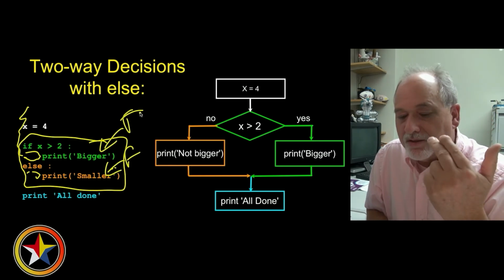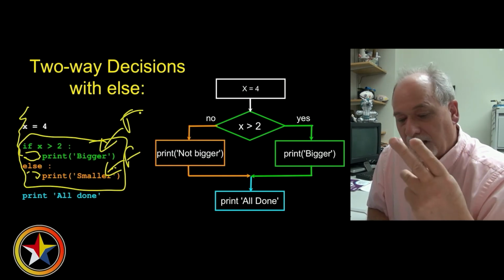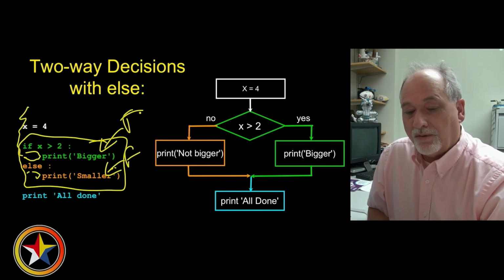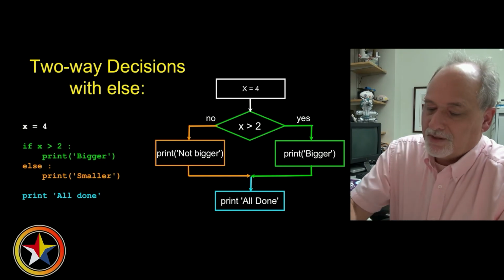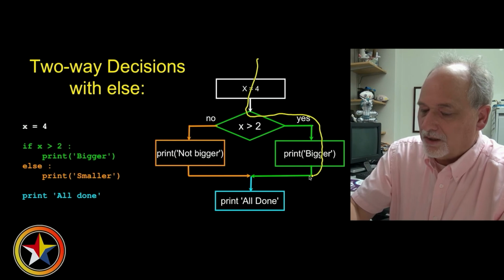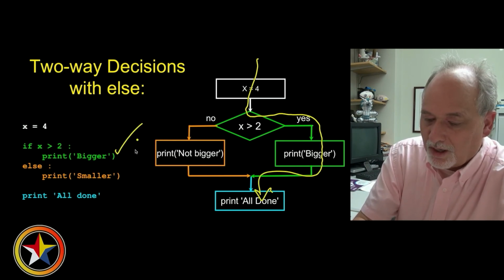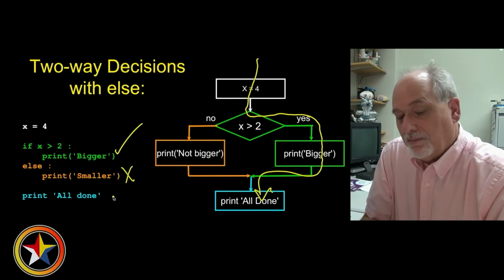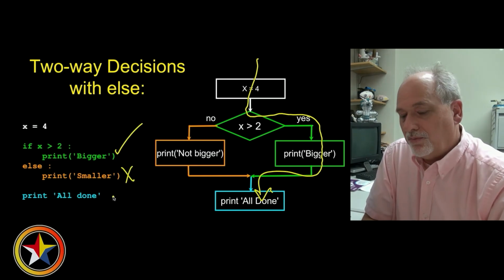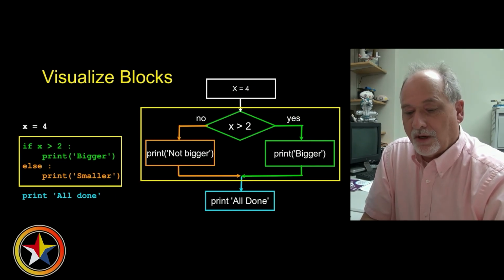The first branch of the if, the first indented block, is what runs if it's true, and the second indented block is the one that runs if it's false. So here we go, if x is greater than 2, in this case it's yes, we're going to print bigger, and then we're going to be all done. So this one did run, and this one did not run. Basically with an if then else, one of the two branches is going to run, but there's no case in which both branches run.